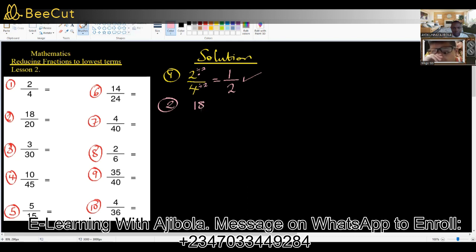We have 18 all over 20. Now let us check which number can divide 18 and can also divide 20. Yeah, 2 can divide 18 and 2 can divide 20. So 2 times what will give me 18?